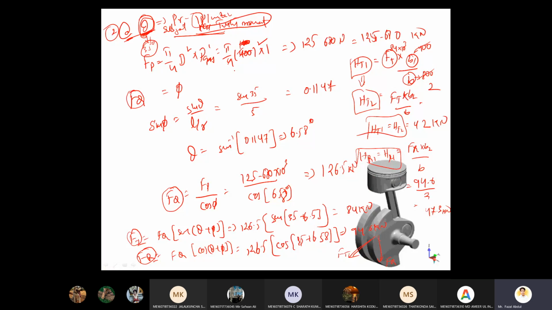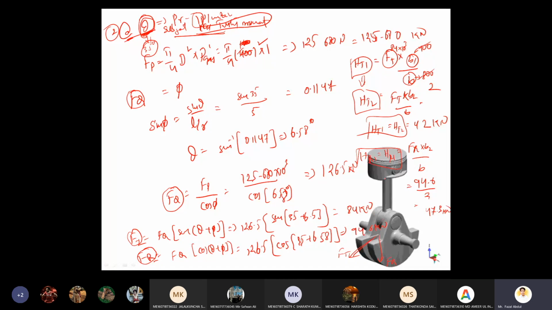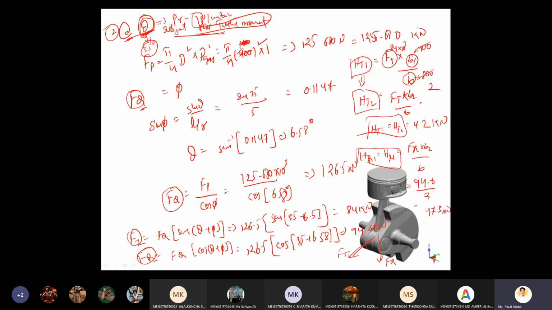This FQ force is due to the gas force on the piston surface, which is distributed over the connecting rod, and through the connecting rod onto the crank pin of the crankshaft, the FQ force is generated. Because of this FQ force, the connecting rod is continuously forcing on the crankshaft, so the crankshaft is subjected to the radial force as well as the tangential force. Here I calculated the tangential force and radial force.